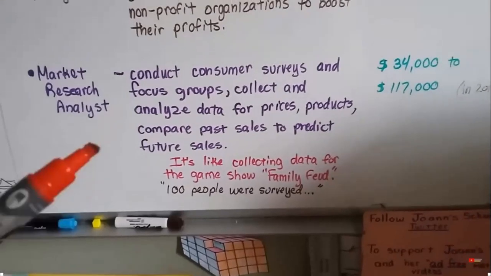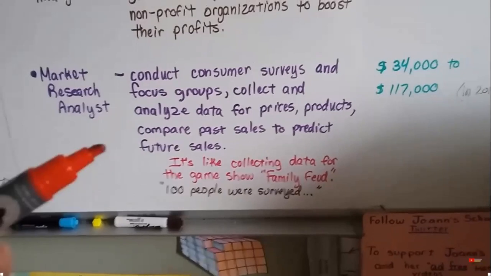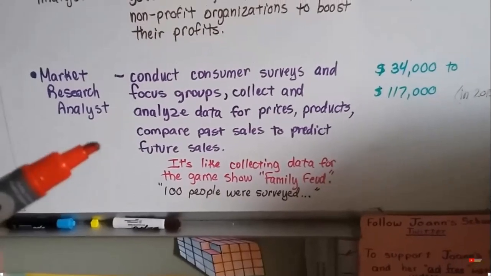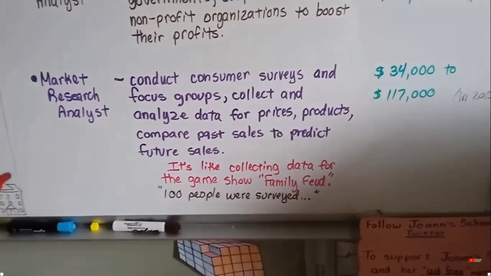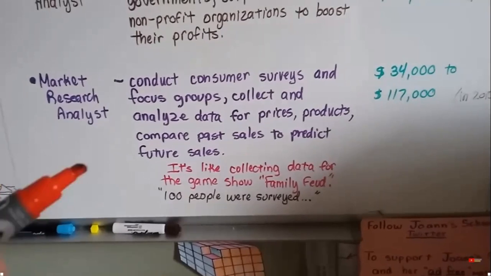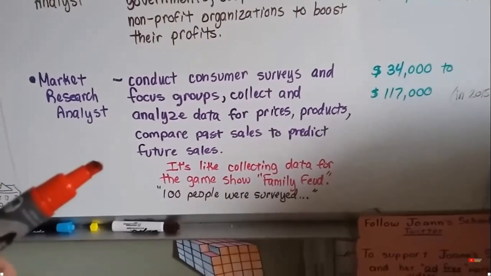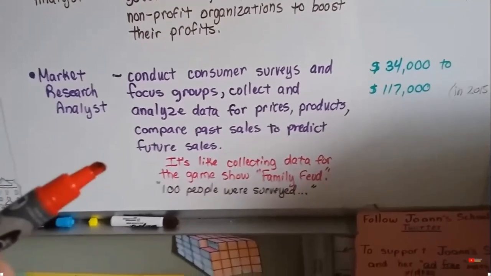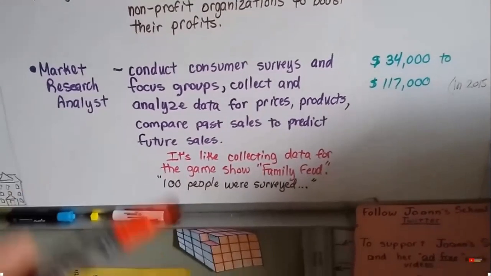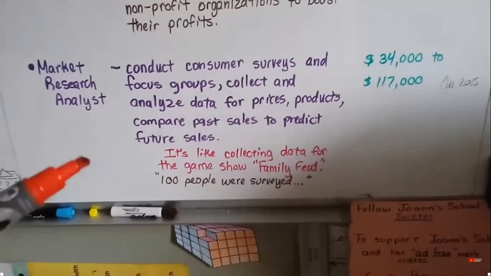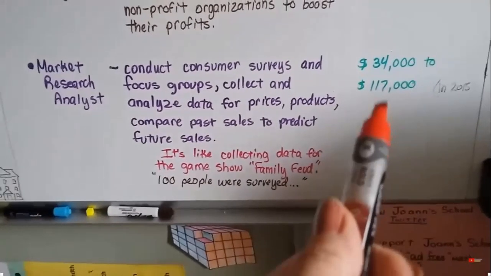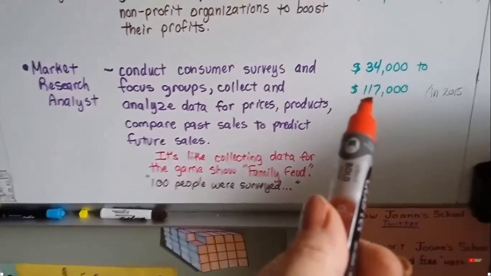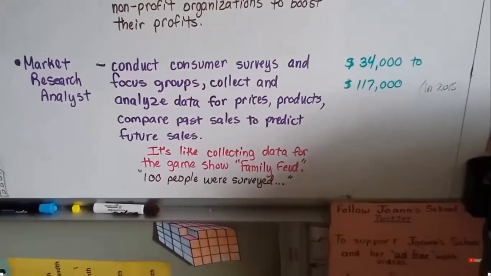And there's market research analysts. They conduct consumer surveys and focus groups, and they collect and analyze data for prices and products, and they can compare past sales to predict future ones. If last October you sold 200 widgets, then there's a very good chance you're going to sell about 200 this October, right? A haunted house had 4,000 people come through last year. They can estimate about 4,000 might come through this year, unless they did something to increase the people coming through. And market research analysts make 34,000 to about 117,000 in 2015.